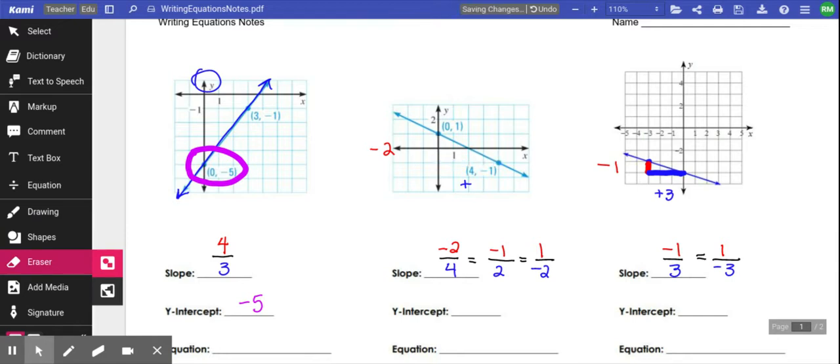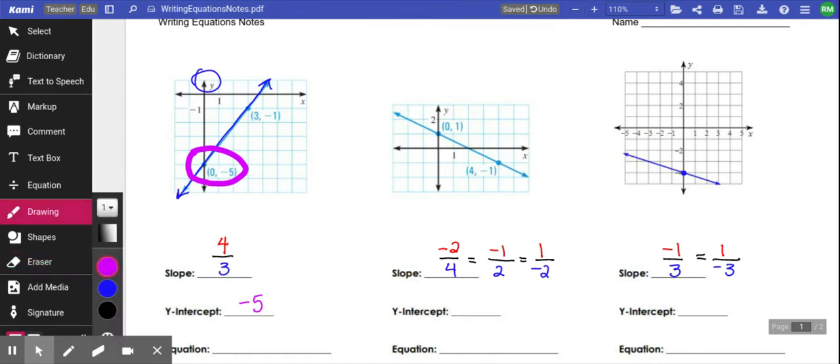Okay, let's look at another one. I'm going to go ahead and erase the slope part because we don't need that anymore. And we are going to look at where the line crosses the y-axis. So where it crosses that line right there. If we look, we can see it crosses right here at this point, 0, 1.